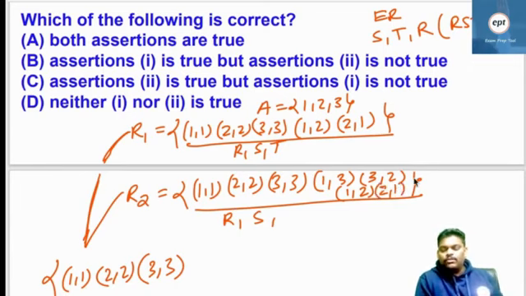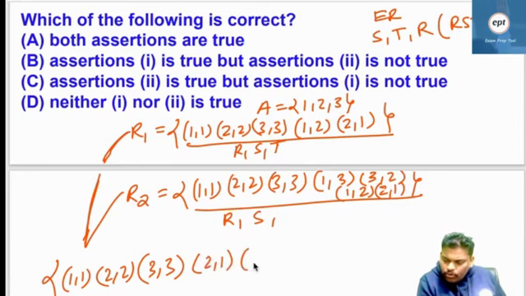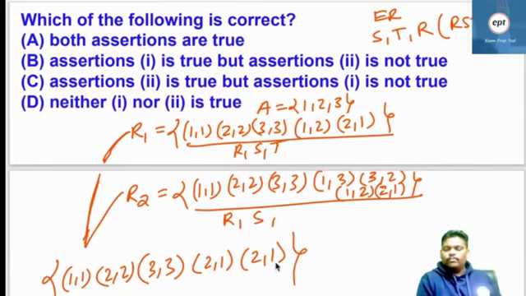Transitive, right? Symmetric also. Now if you do the intersection, all common pairs came and 1, 2, 2, 1 also came.